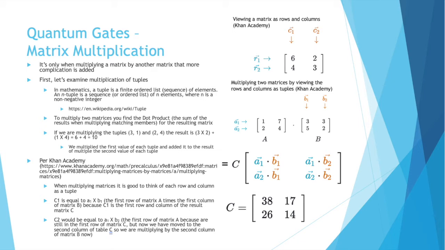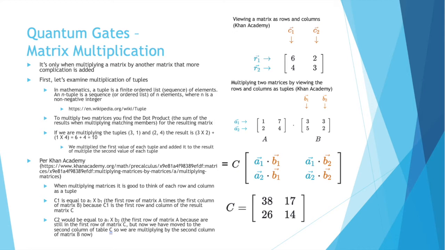And based on that image I have on the right side, the third image down, you can see how each row times each column between your two tables gives you the resulting matrix C, which is 38, 17, 26, and 14. If you're like me, this isn't super intuitive at first, but look at matrix C, the third image down on the right, and realize that every time you change rows in that matrix, you're changing the row from matrix A that you're multiplying by.